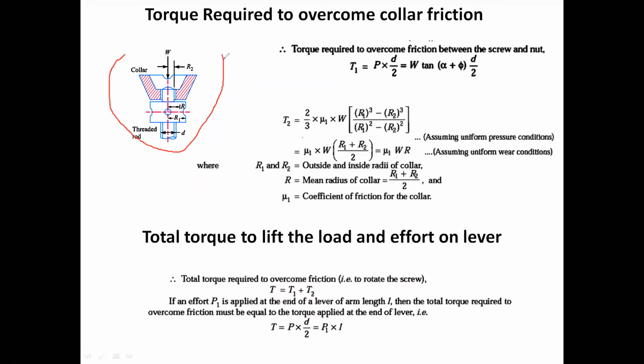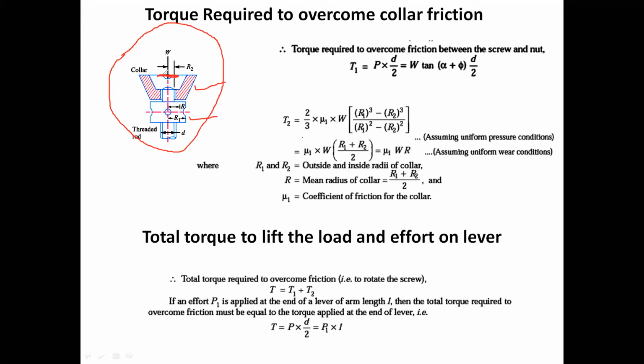This figure shows that this is our screw, and the screw is fitted with this collar. Why is this collar required? There is a friction between our screw and whatever load is going to be lifted up. When our load touches the upper surface of this collar or screw, friction starts.